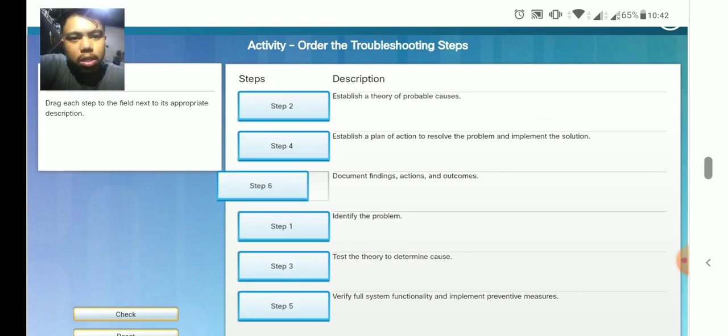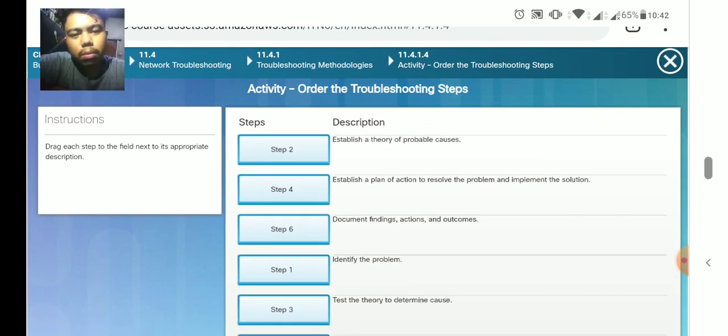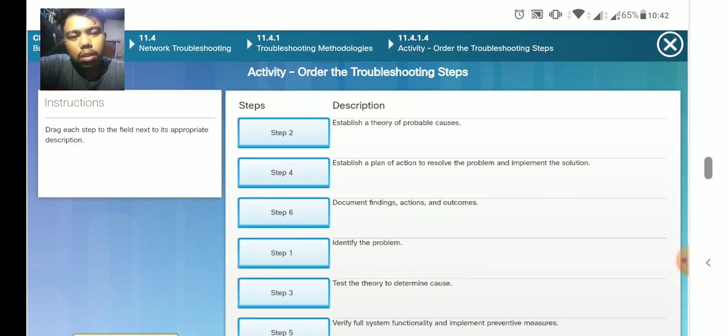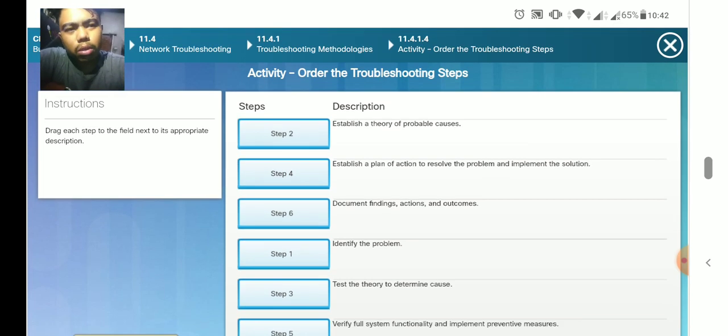Then lastly, document findings, actions, and outcomes. So for every problem, you should have documentation about the findings and the actions, and also the outcomes you've done, in order to be monitored by the company.